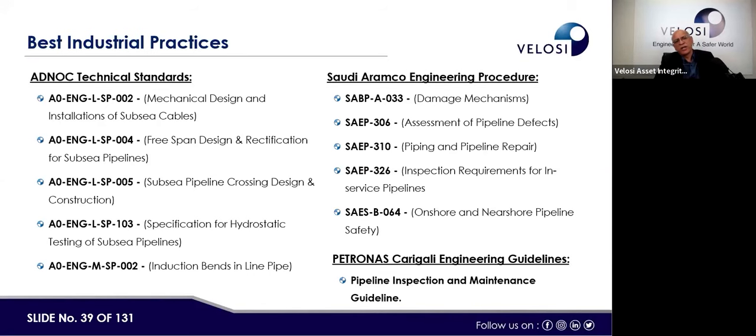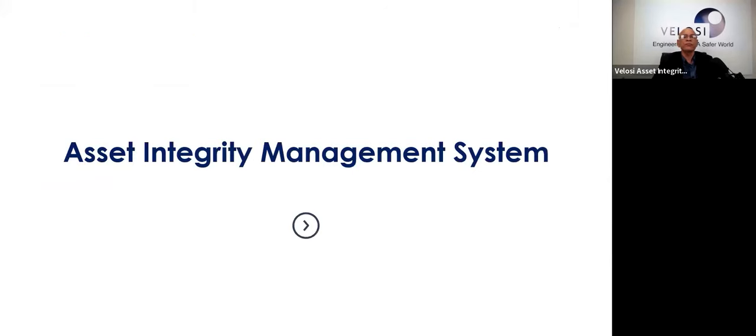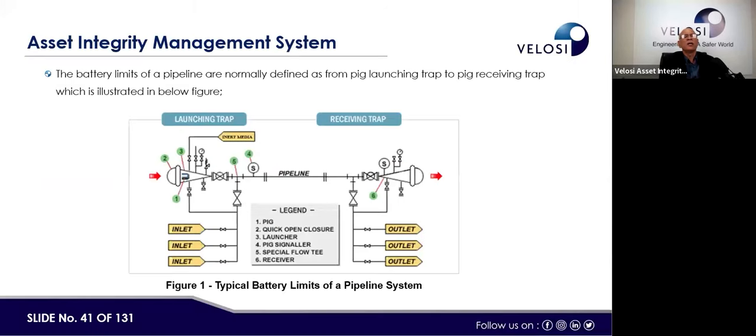Those are also available and developed by the company. So what is being stated is that integrity management of pipelines is managed with the help of international codes and standards, and companies have also developed their own in-house standards which could be followed. Here, when we are talking about the asset integrity management system for the pipeline, the important thing is we should be aware of the boundary limits.